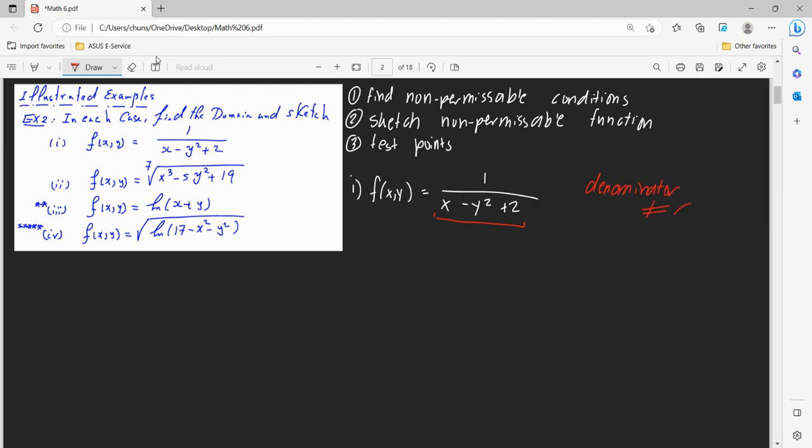It can't equal 0, so we're going to isolate that on its own, and this has to be greater than 0. So use inequalities to define non-permissible values. And if we rearrange, x is greater than y squared minus 2.